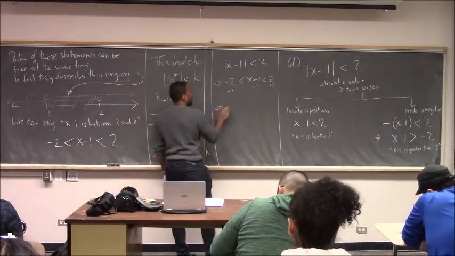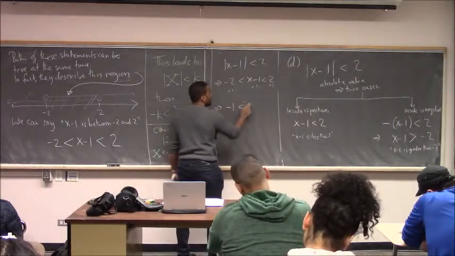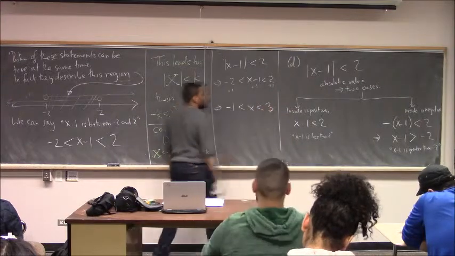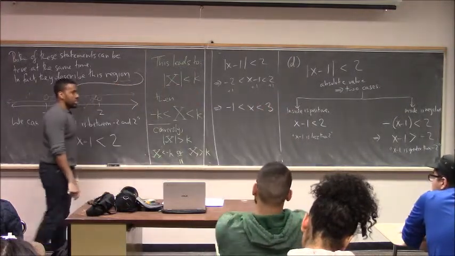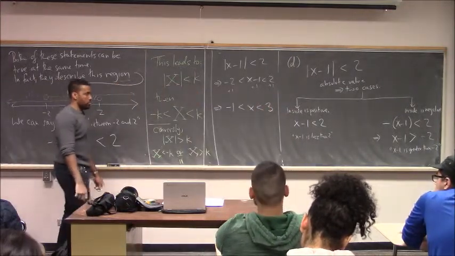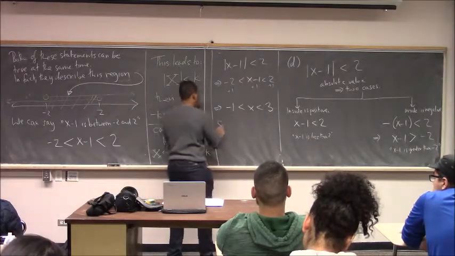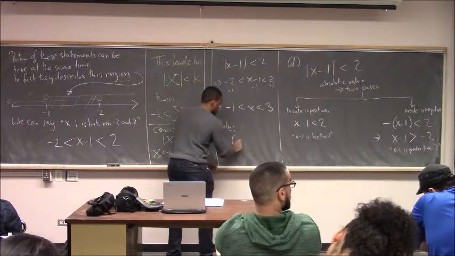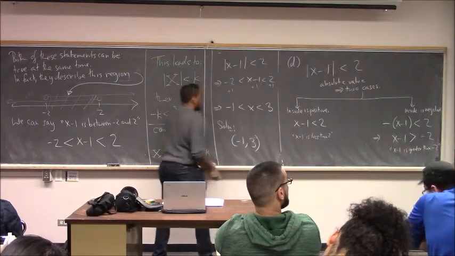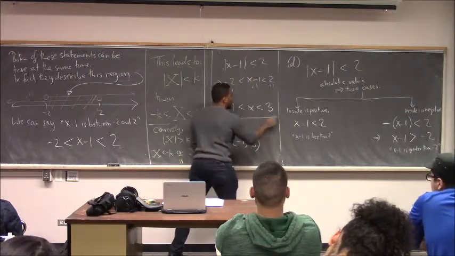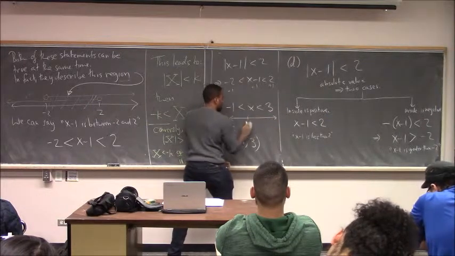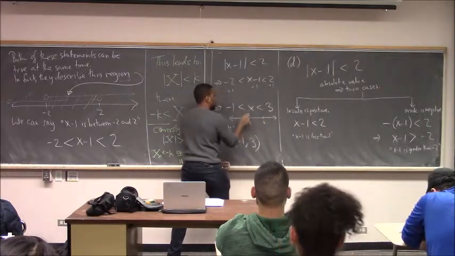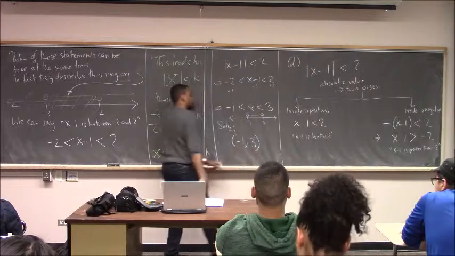This will give us minus 1 over here and 3 over here. So x has to be between minus 1 and 3. Or in interval notation, which is usually what I require you write the answer in, it's between minus 1 and 3. On the number line, minus 1, 3, the answer is here.